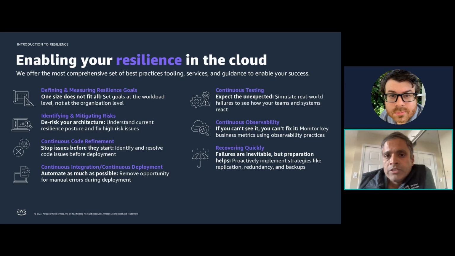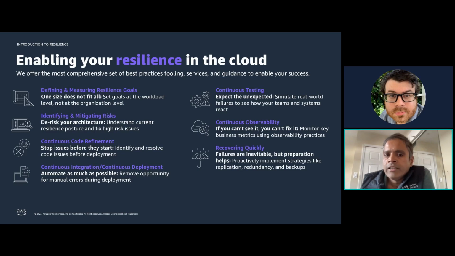And the second point I want to talk about is identifying and mitigating risks. After you have defined your goals, the next step is understanding what your workload's current resilience posture is and if there are any issues that need to be fixed.